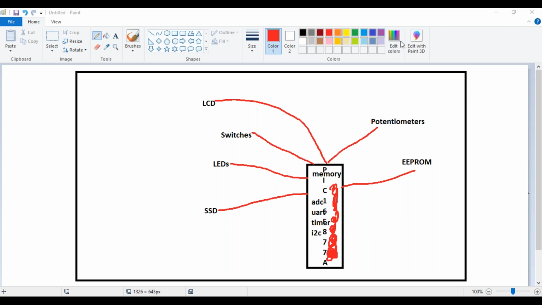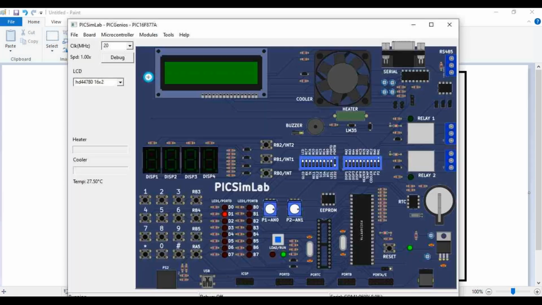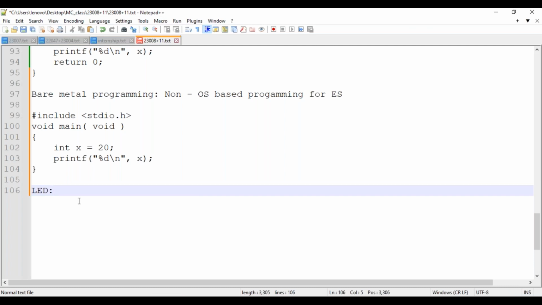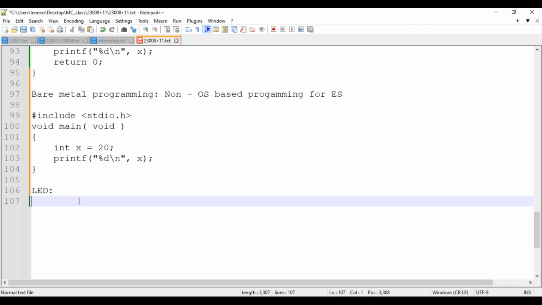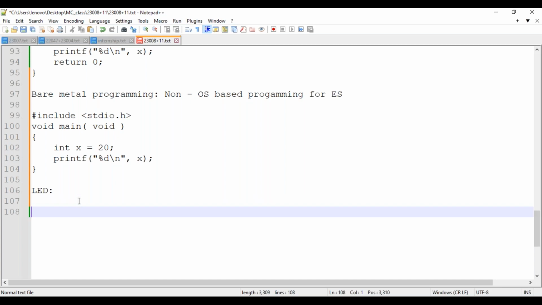Okay, got a fair idea now? Okay, fine. So I was saying that we are going to start with programming of LEDs now. So let us start, and we are not going to print any value. Instead, let me take a new program to be written.